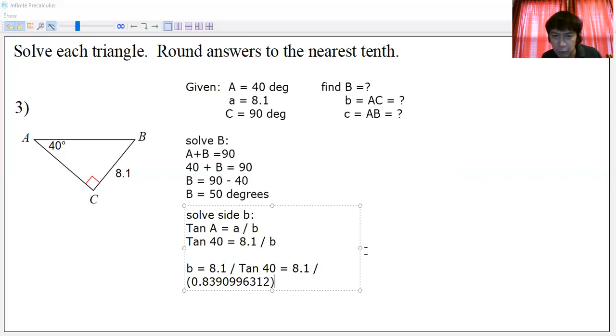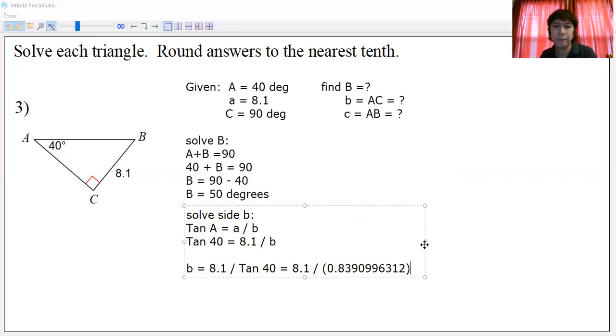And this will be the divisor there. So we shall just divide 8.1 by it, and we have 9.65. Let's write the answer. This is small b.